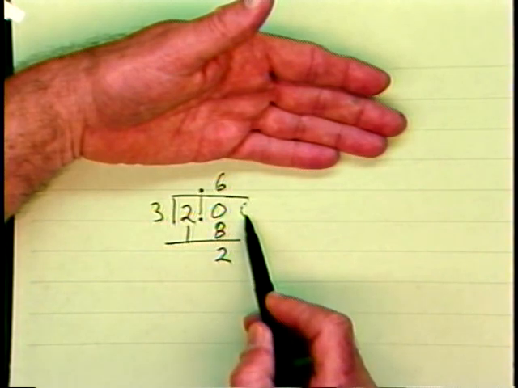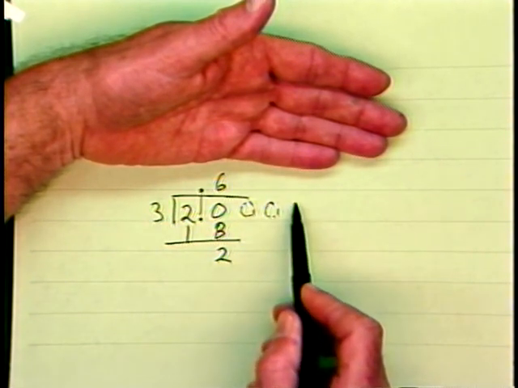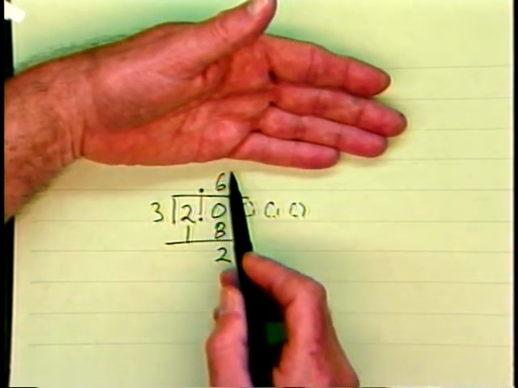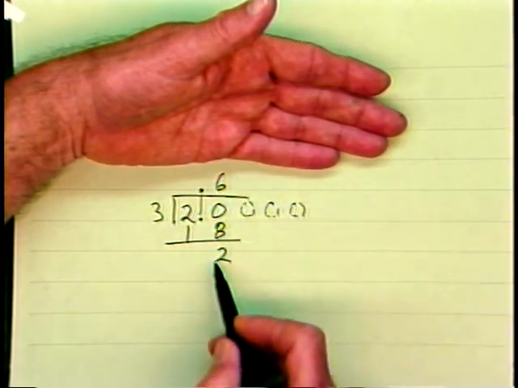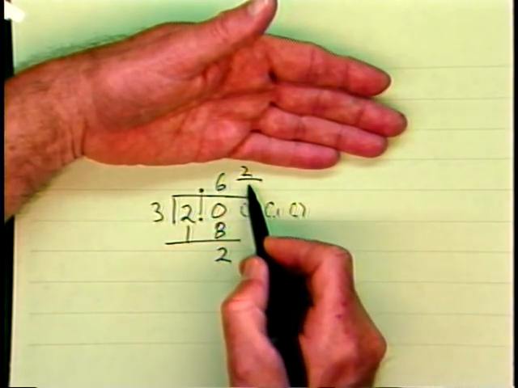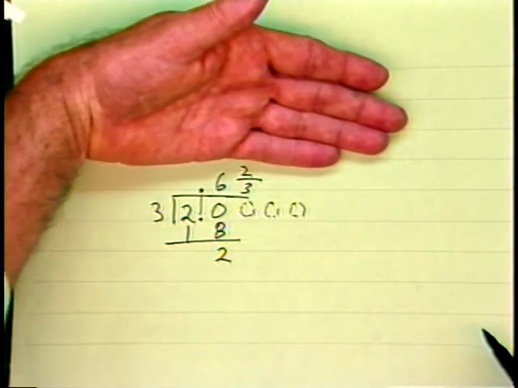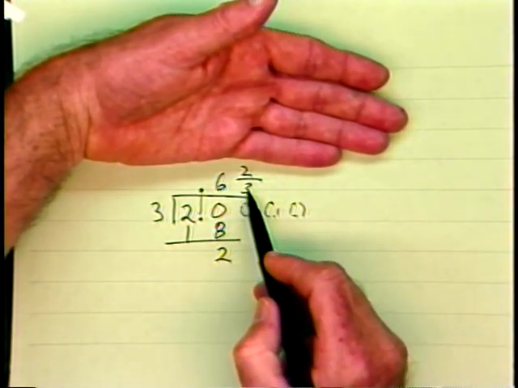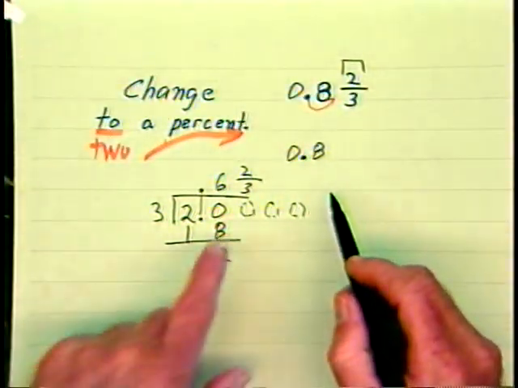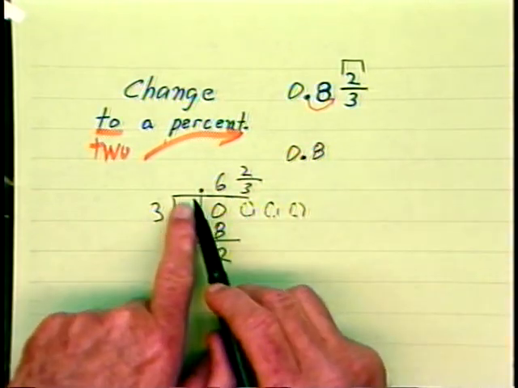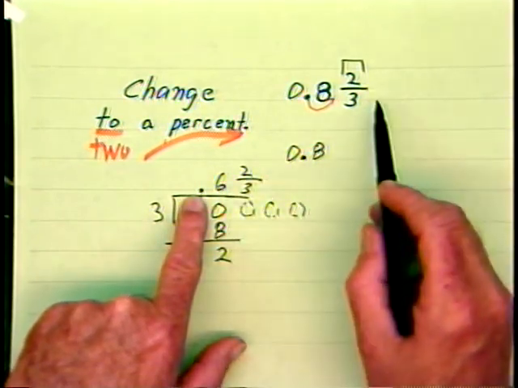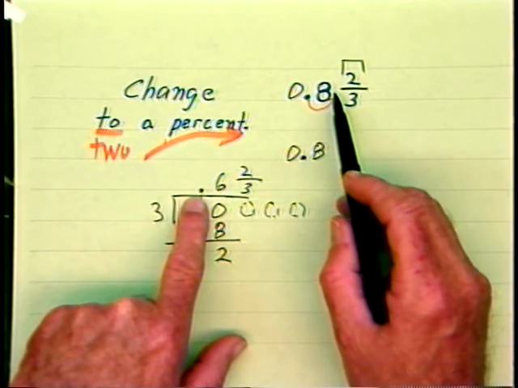I could bring down more zeros, in fact as many as I wanted to, or make a decision to stop at a certain place, take the remainder, and write over the divisor. And what this 6 does, be careful, this says 6/10 here, but up here is really 6/10 of 100.